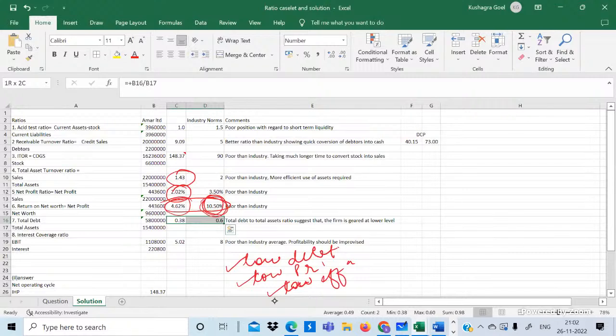And some companies unnecessarily take too much debt because they want to increase the returns. But when you have excessive debt, the risk goes up. So there's no standardization where I'll say your debt should be high or low. It will depend on the sector. If you're in a capital intensive sector and you have more debt, I'm fine with that. But if you're in a capital light sector, for example an IT company or a retail entity, and you have too high debt, then that's wrong. I will not accept it.